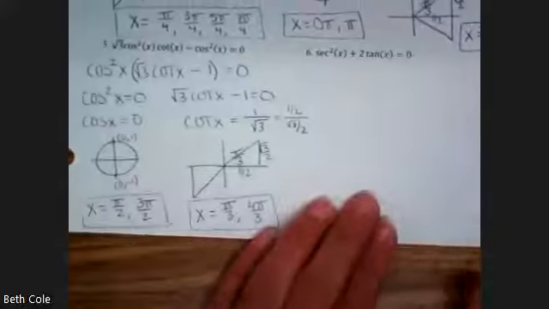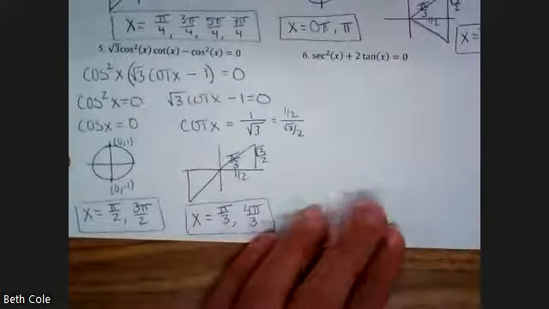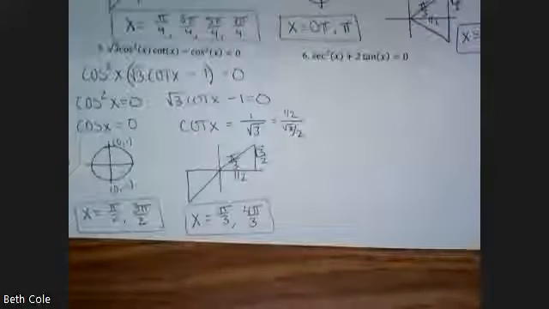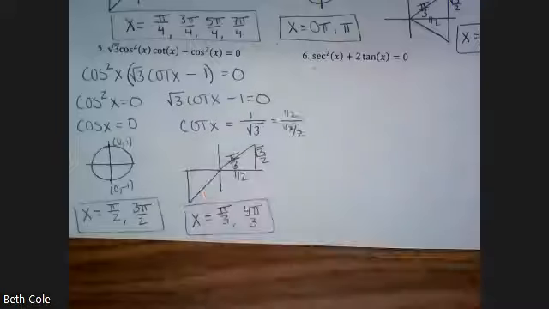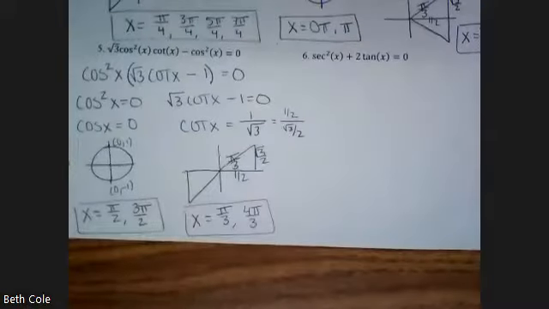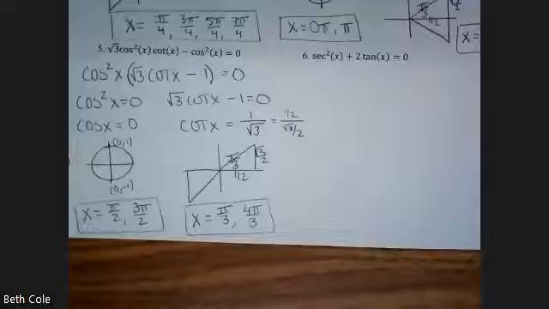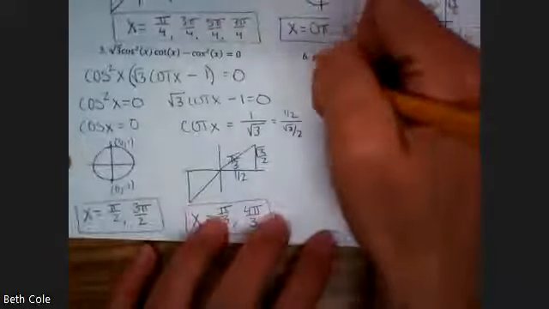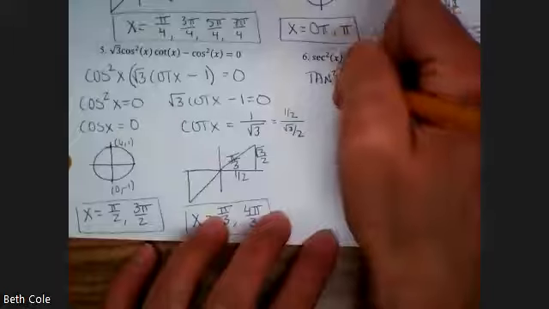All right, let's try one more. We are again going to need one of our identities for this. See that secant squared there? Secant squared can be replaced with what? Tangent squared plus 1. So we're going to replace this with tangent squared plus 1.